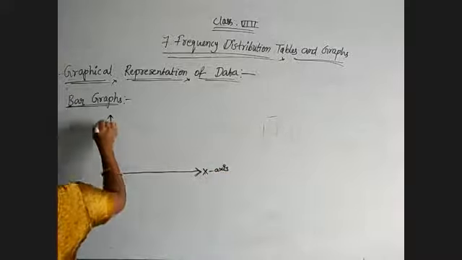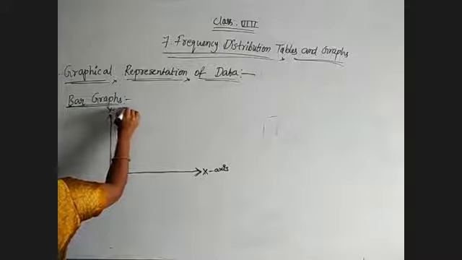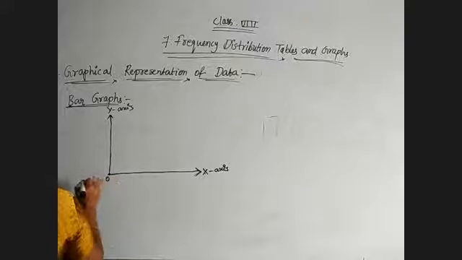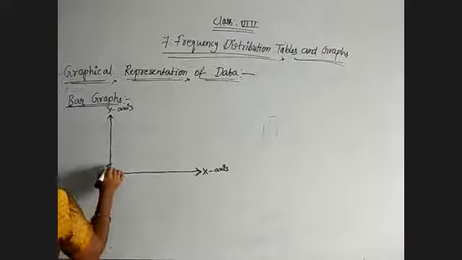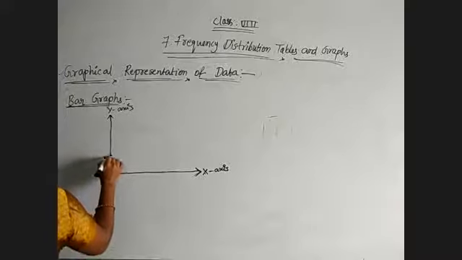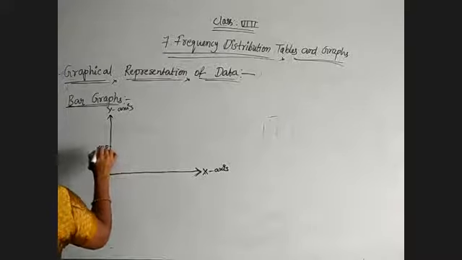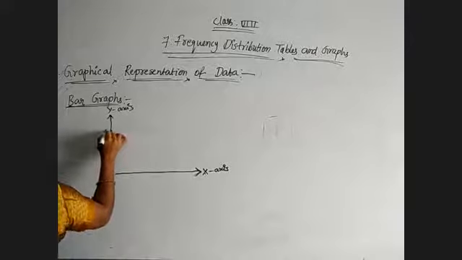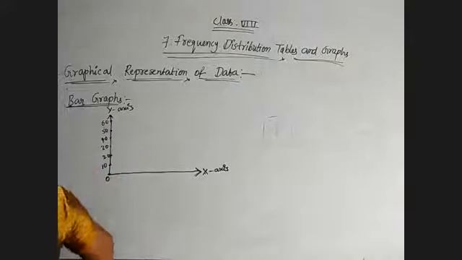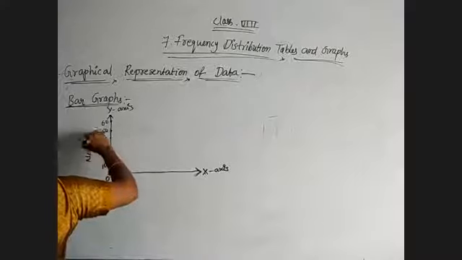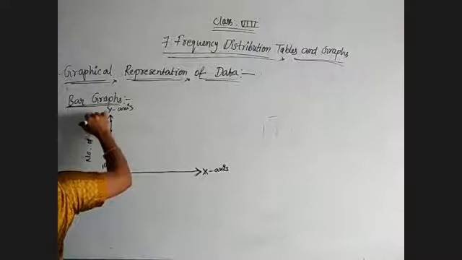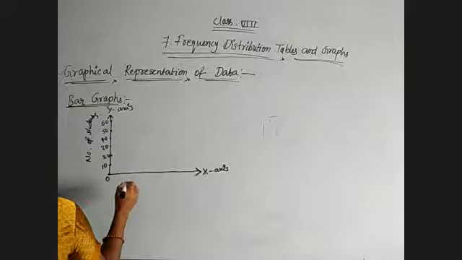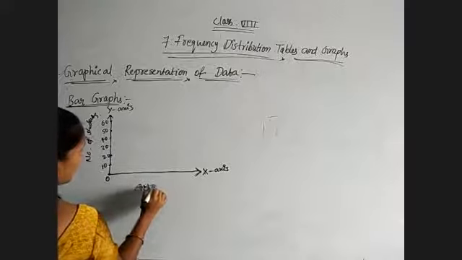Horizontal line is known as x-axis and vertical line is known as y-axis. On the y-axis, they have mentioned number of students: 10, 20, 30, 40, 50, 60. And the achievement in exam is represented on the x-axis.